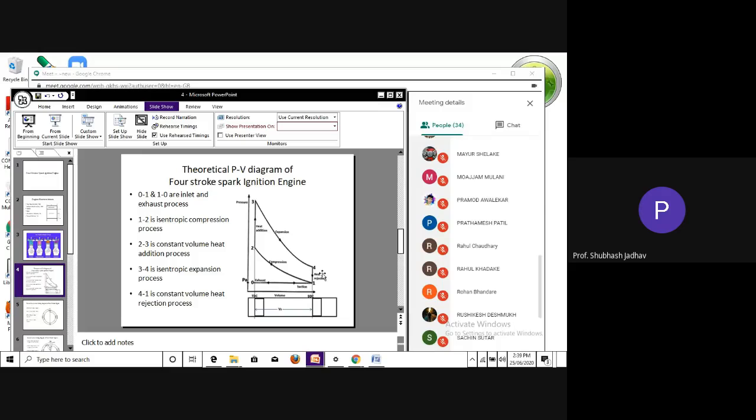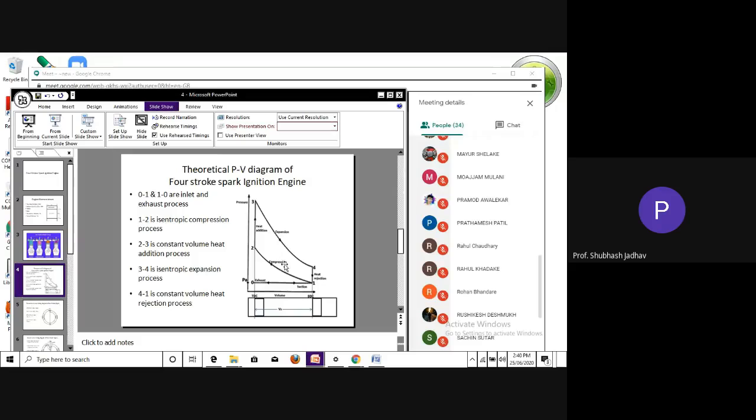Okay. So I will revise this particular process once again to make you clear. Initially I drew the cylinder and piston arrangement to make you understand what is actually happening, and theoretically what is happening.